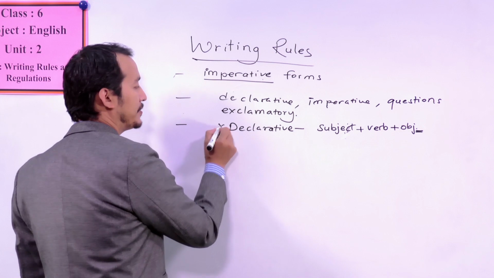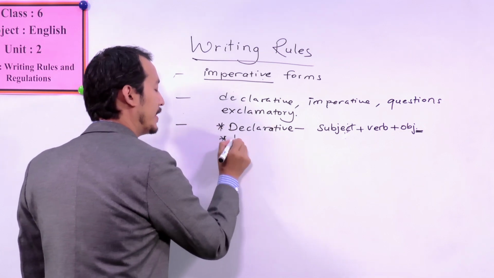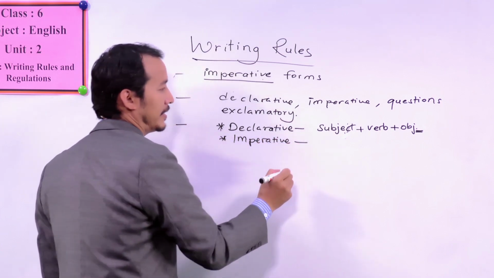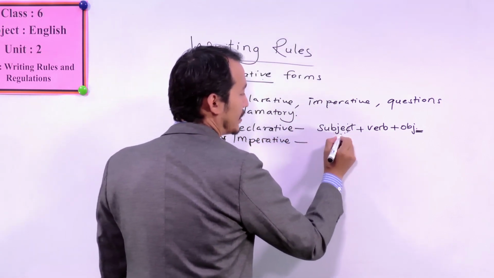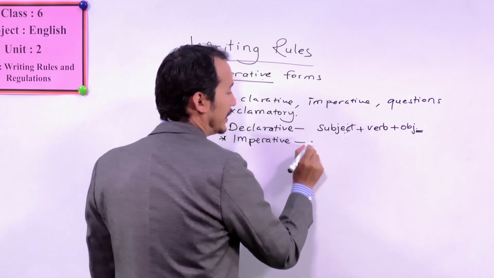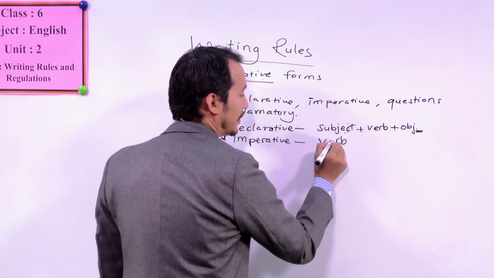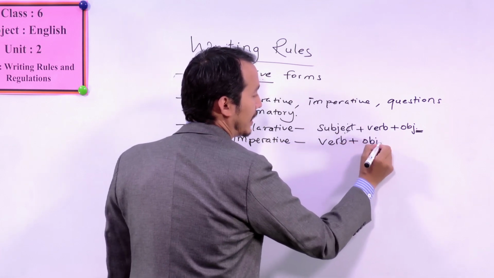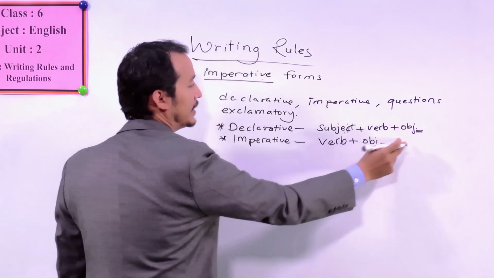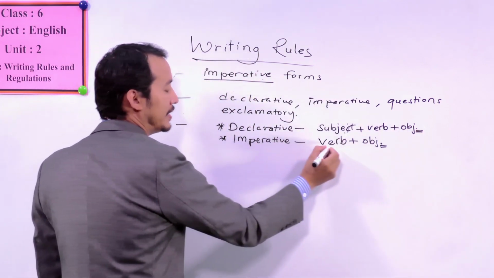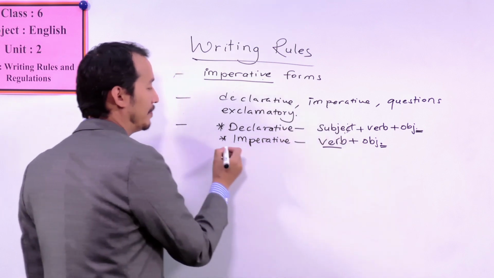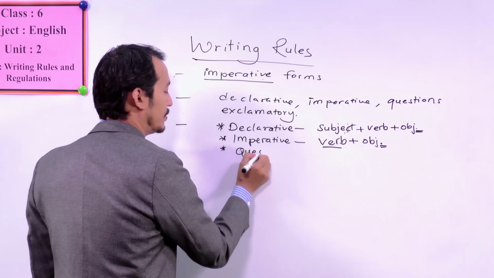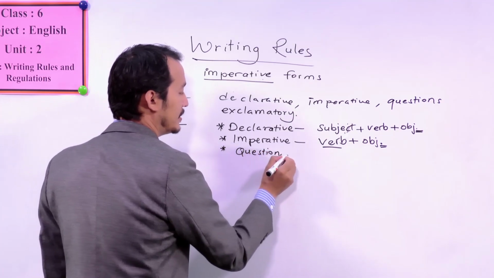And then another type of sentence we have is imperative. An imperative sentence has no actual subject at the beginning. We have a verb plus an object or complement, and then we have a full stop here. Don't forget to put a full stop here. So an imperative sentence has the verb directly. And another sentence type is questions. You know that there are 2 types of questions, WH and yes/no questions.